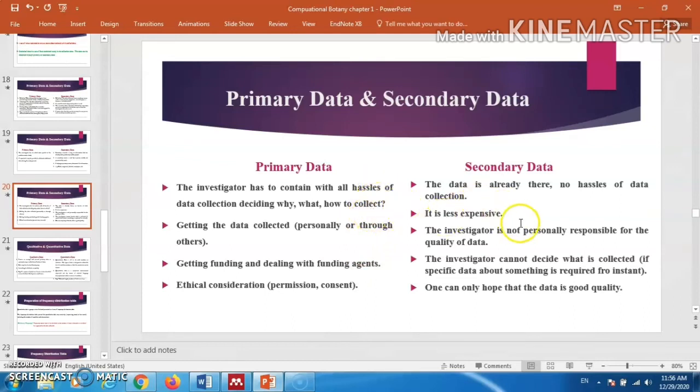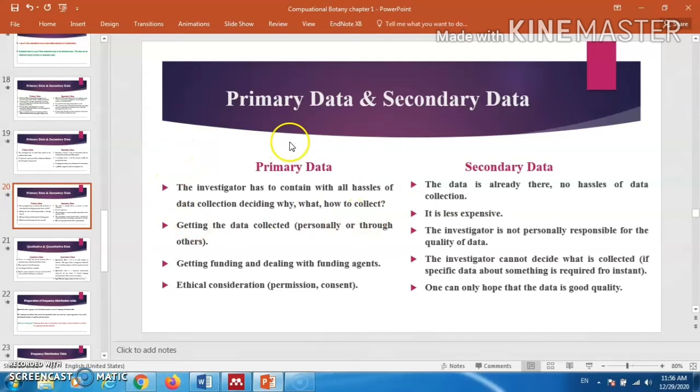On the other hand, in case of secondary data, it is very easy to deal with. The data is already there, no hassles of data collection. Suppose you have surveyed that particular area, and next year's batch or students, for any reason, could not visit that area.